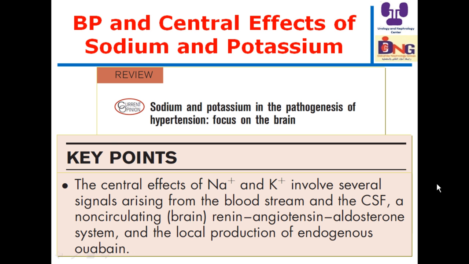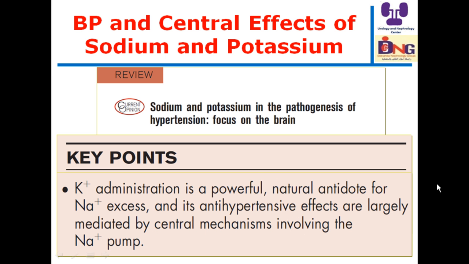The central effect of sodium and potassium involves several signals arising from the bloodstream and CSF, such as the non-circulating brain renin angiotensin aldosterone system, and the local production of endogenous ouabain. Potassium administration, this is a very important point, is a powerful natural antidote for sodium excess.